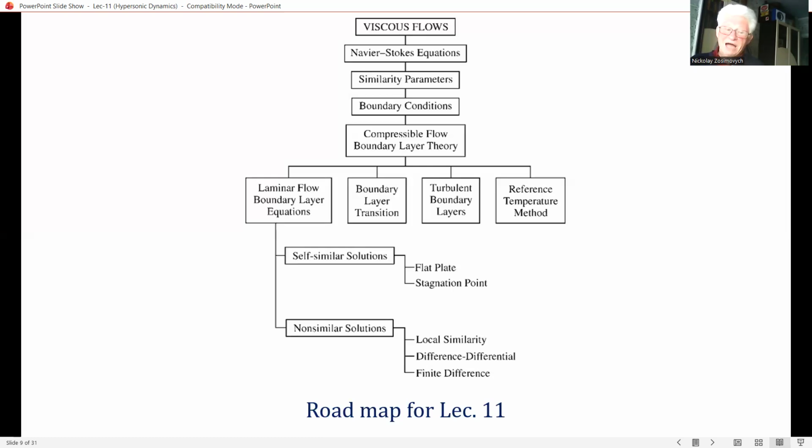As shown in this slide, our discussion on boundary layers then divides into four theories.